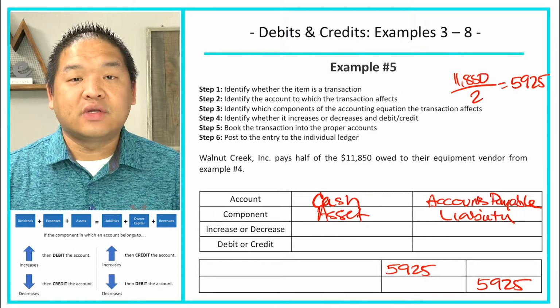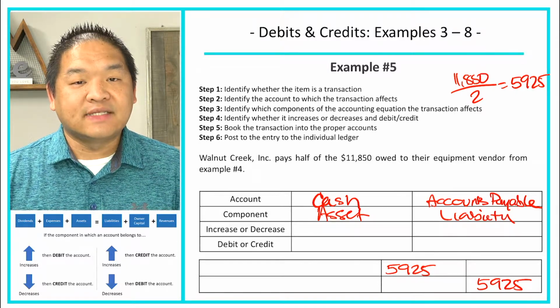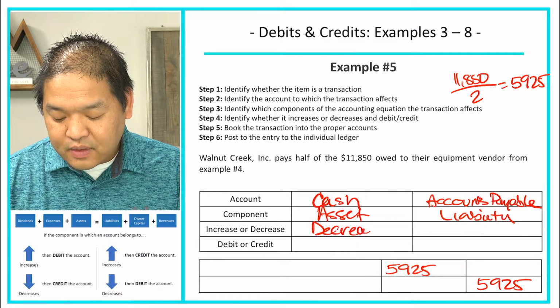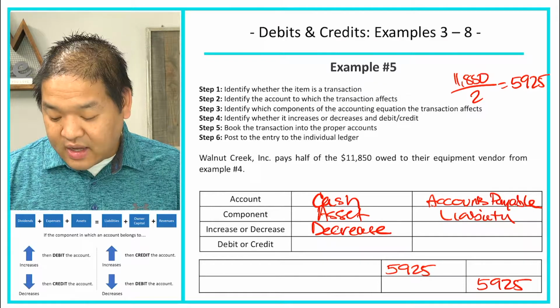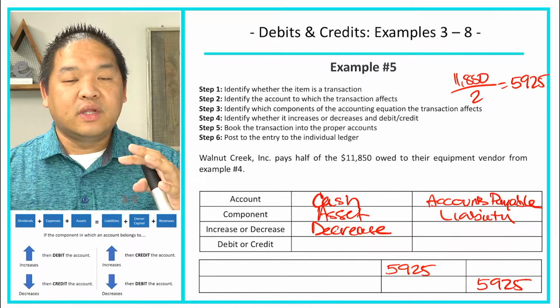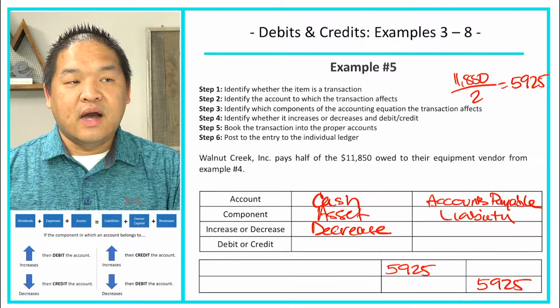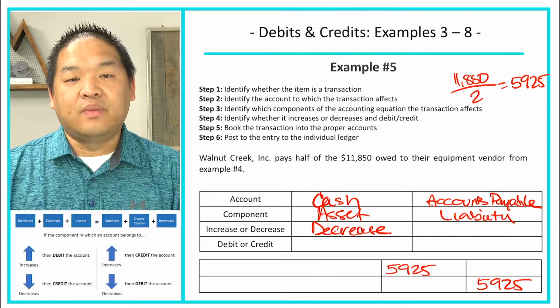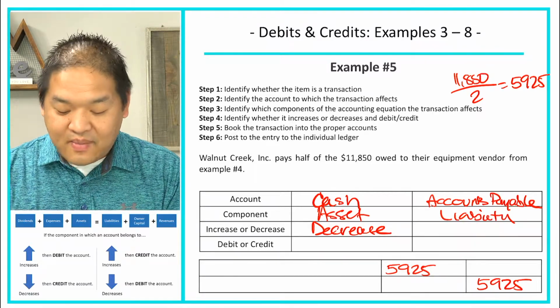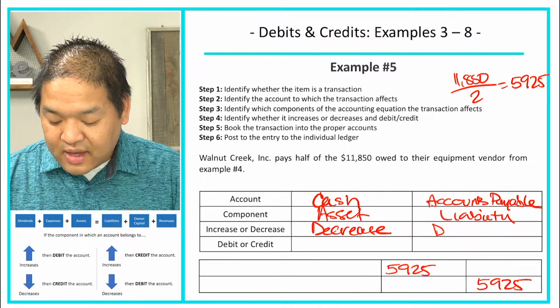Is it going to increase or decrease? Well, cash, assets coming out of my pocket, so we're going to decrease the account. What about the accounts payable? Well, accounts payable is a liability. That's also going to decrease because we're releasing the amount that we owe. We're being released of the obligation to owe that amount, so that's decreasing our liability.